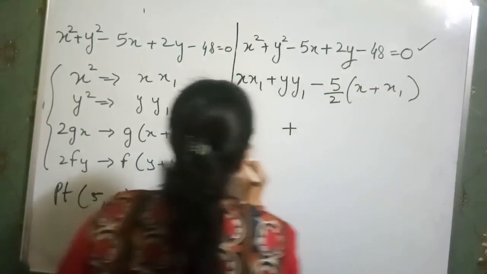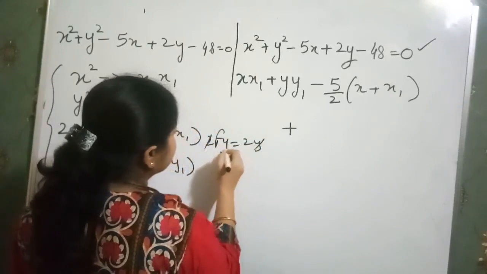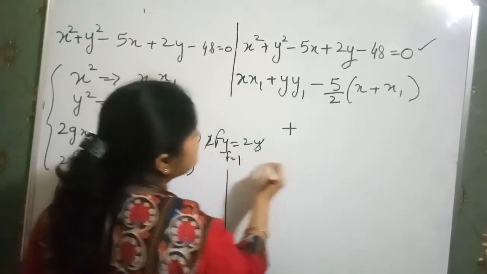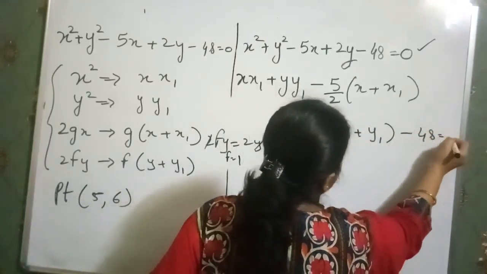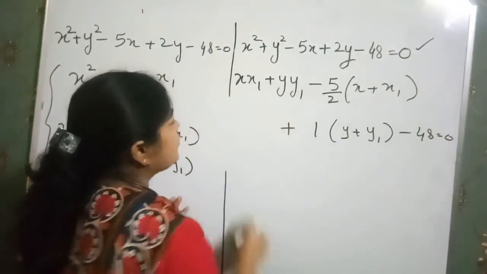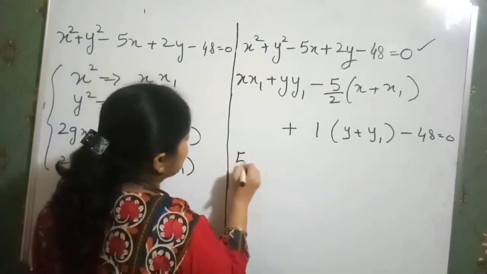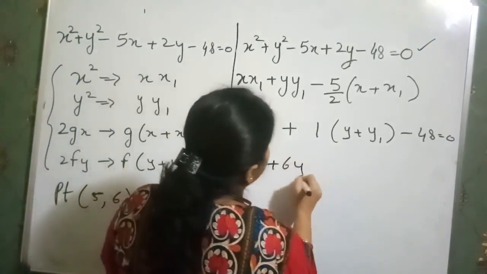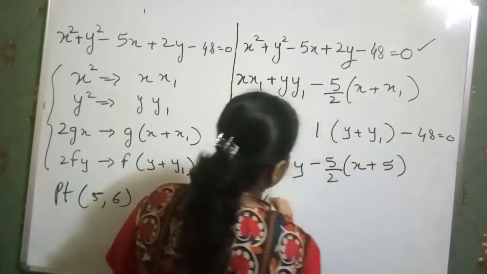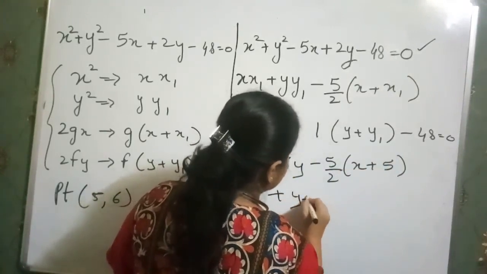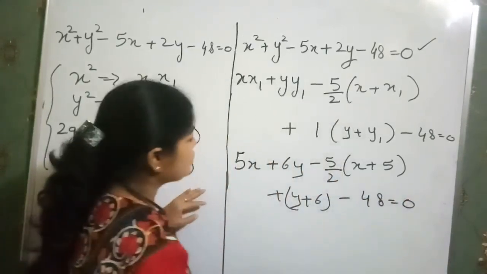Then comparing 2fy is equal to 2y, so the value of f is equal to 1. So 1 times y plus y1 minus 48 is equal to 0. Clear? Now put the values of x1 and y1 in the equation, 5 and 6. So we have 5x plus 6y minus 5 upon 2 times x plus 5, plus y plus 6, minus 48.